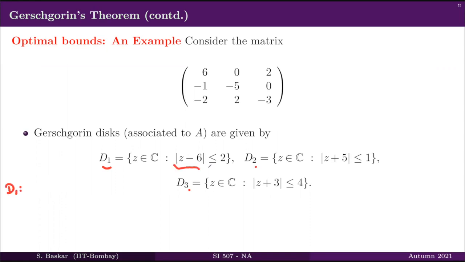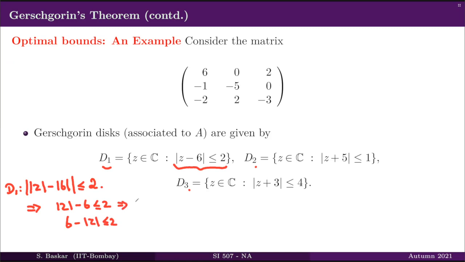From D1, we can use the triangle inequality to write mod of mod Z minus mod 6, the full modulus, is less than or equal to mod Z minus 6, and that is less than or equal to 2. From here, we can write mod Z minus 6 is less than or equal to 2, and 6 minus mod Z is less than or equal to 2.